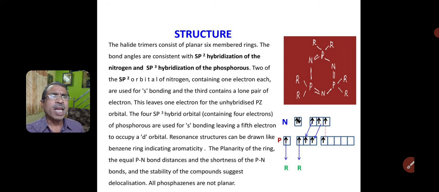This is a unique character: the double bond in phosphazene is a d pi p pi bond. Since the nitrogen atom is sp2 hybridized and the phosphorus atom is sp3 hybridized, the whole molecule is not planar. That's why the last sentence on this slide says all phosphazenes are not planar.